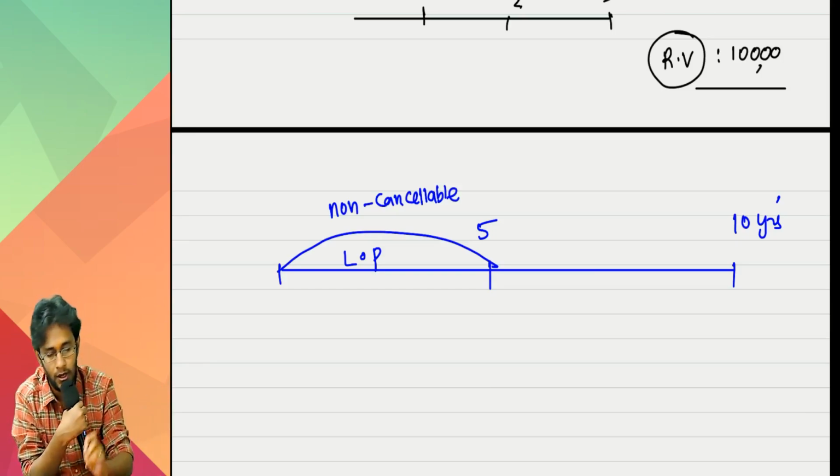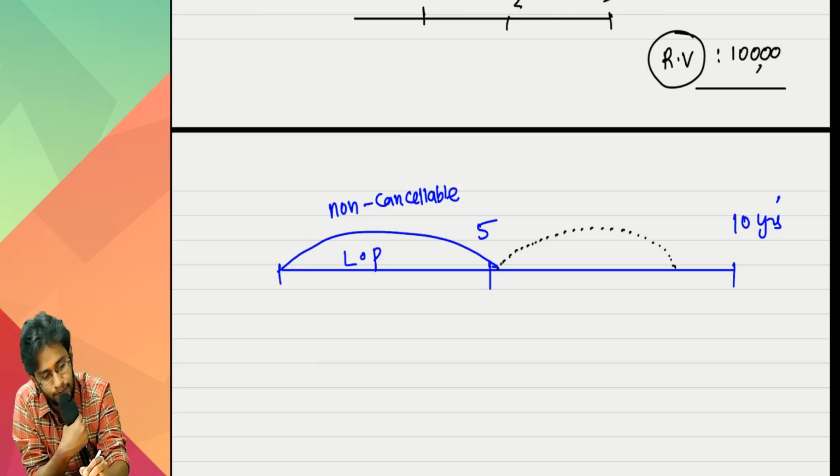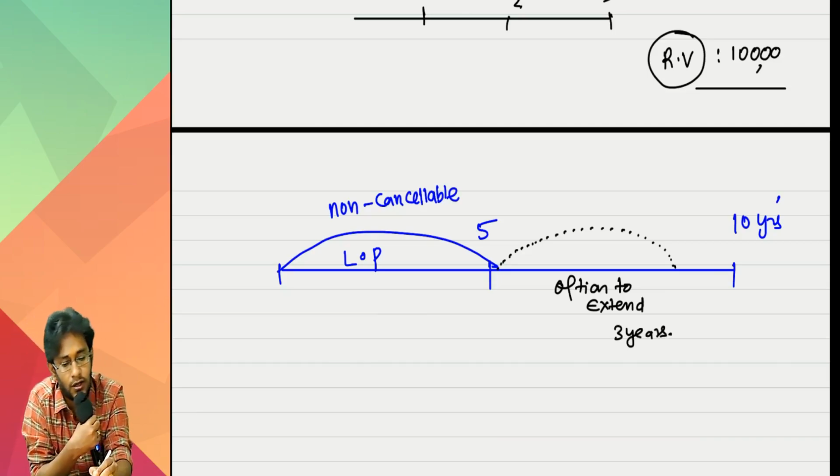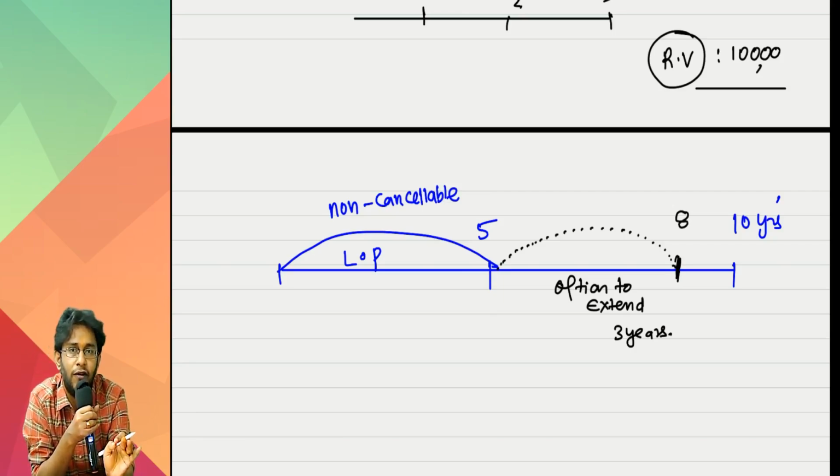Anyway, leave it. But this lease contains an option to extend the life of the lease by another 3 years. If that 3 years also I consider, then the lease period will become 8 years. This is definitely a major portion of the life of the asset.